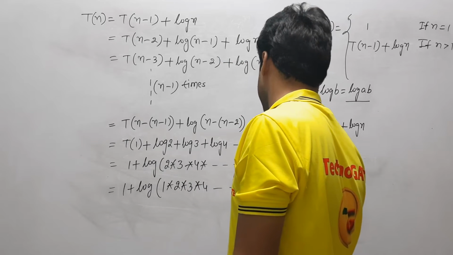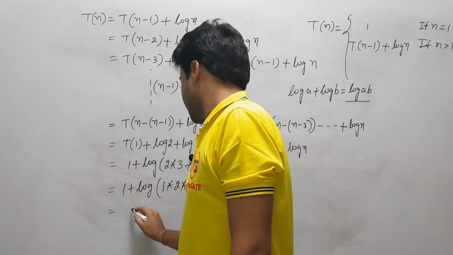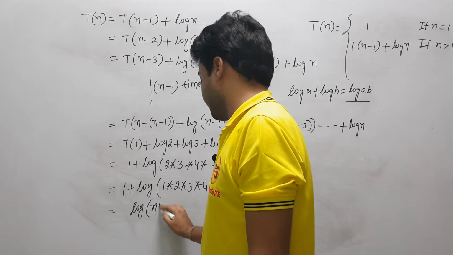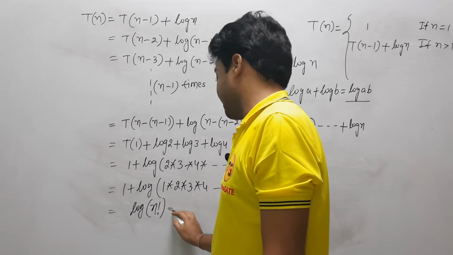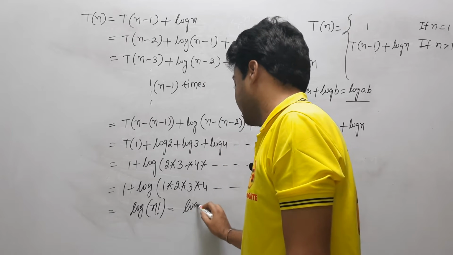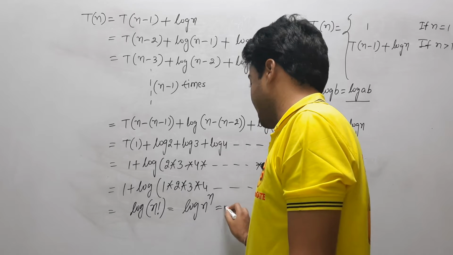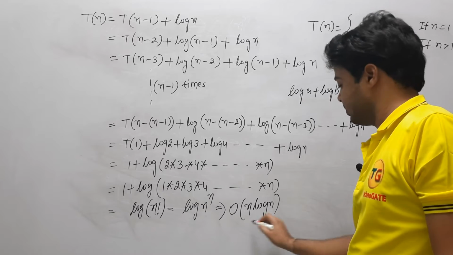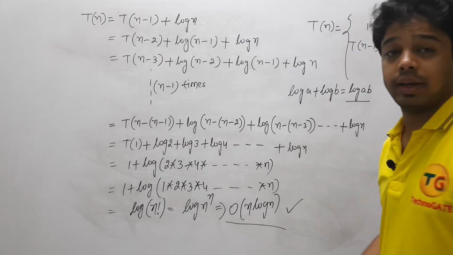This is a log series, which gives log of n factorial, and we know n factorial is upper bound on n raised to power n. So the time complexity is order of n log n.